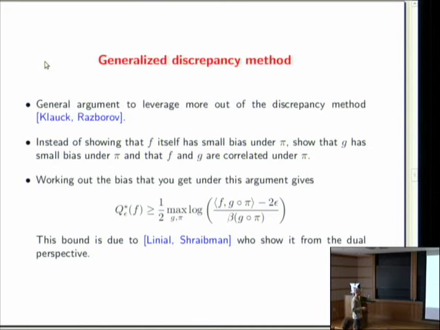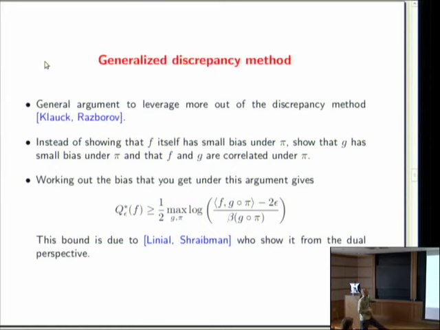So the proof of this is very similar to what I said before. If f has small communication complexity, then I have an XOR protocol which achieves large bias on f. But if f also correlates with g under pi, then I can just use the strategy for f when I'm playing the game for g. And this will still give me reasonable correlation. In fact, the correlation will just be the correlation of f and g under pi.